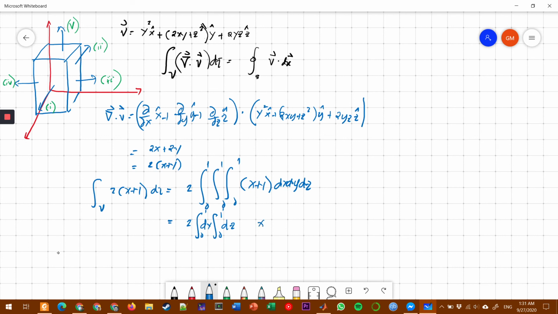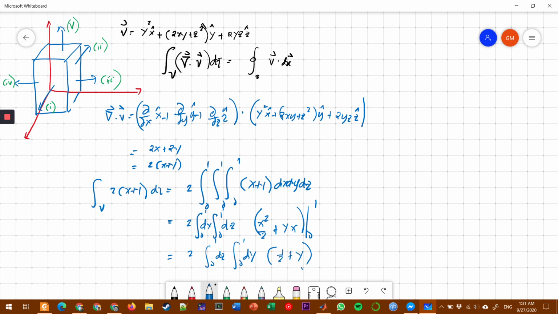So we have x squared over 2 plus yx evaluated from 0 to 1. So that would become, just dz there. So dy. So this becomes 1/2 plus y, right? So that's 1/2 plus y dy.